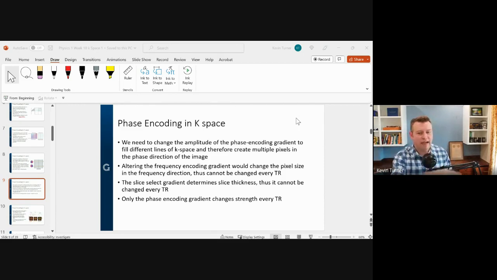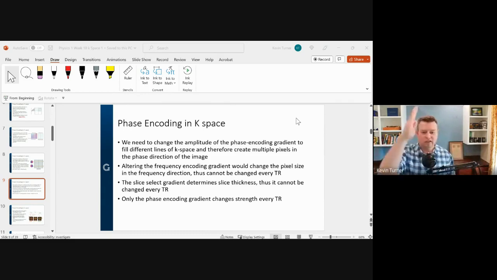Inside the patient, it's the number of different applications of phase encoding to generate that many different echoes. In K-space, it's the number of rows of K-space we create. On your computer screen, the phase matrix is the number of pixels in the phase encoding direction. So once again, the phase matrix is doing something in the patient, it's doing something in K-space, and it's doing something on the screen.